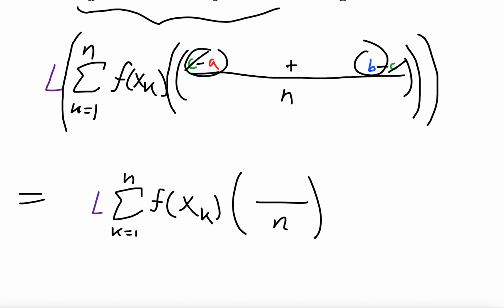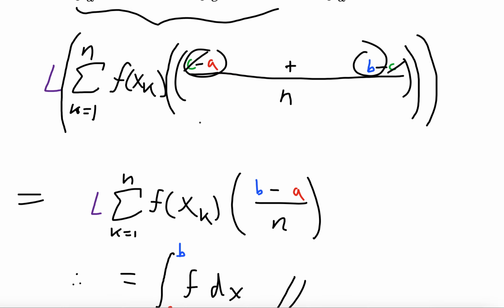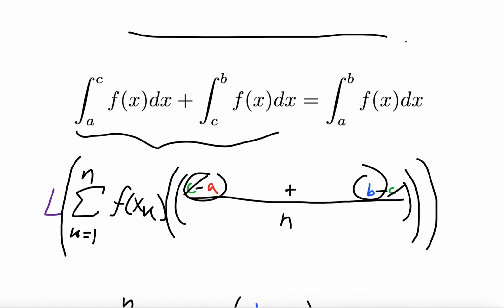And there you go. We have that classic definition of the definite integral with a uniform step size, delta x. And so therefore, we can say that's equal to the integral from a to b of f dx. And so we cut out the middle band c in this proof and in this expression, and we've proven the rule of succession.